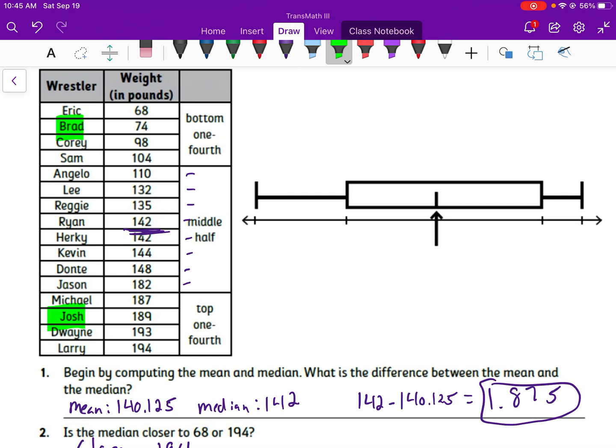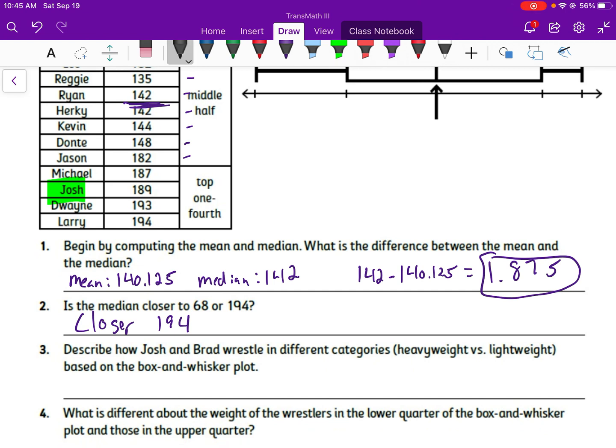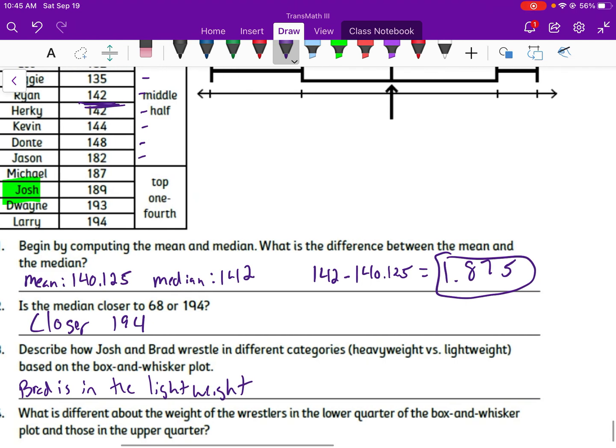Brad, since he's in the lower quarter, is going to be in the lightweight. If you notice, Josh ends up in the top quarter. So Josh is in the heavyweight.